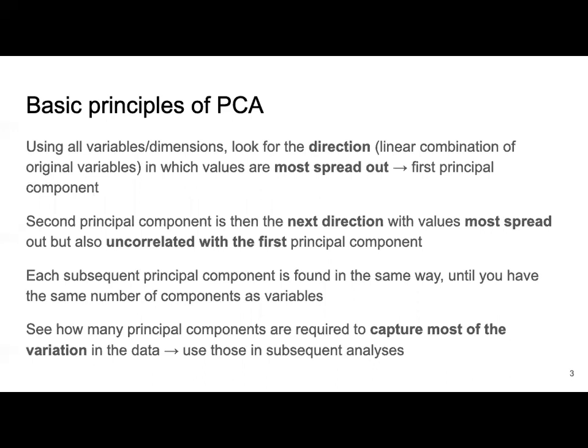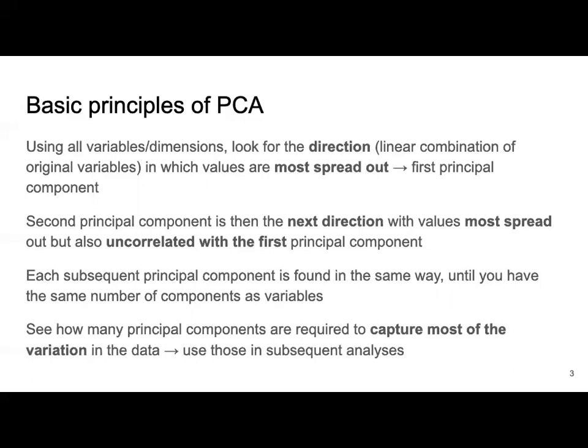So how this basically works is that you can plot your data or have your data in all of the dimensions, and you look for the direction, that is the linear combination of original variables, in which the values are the most spread out, and that is your first principal component.